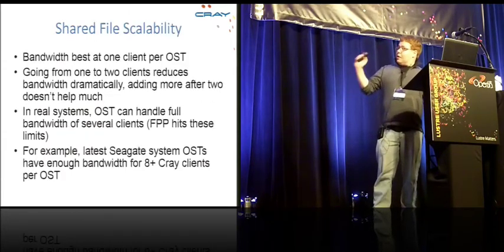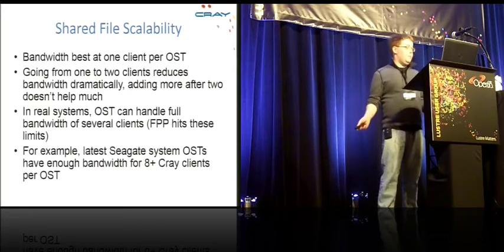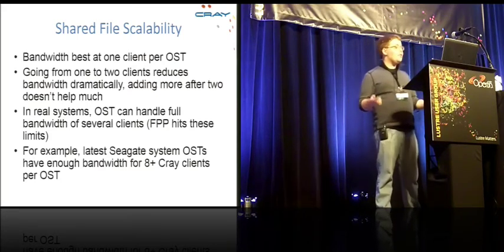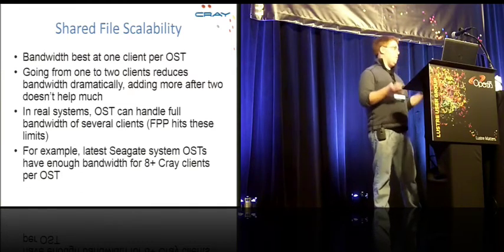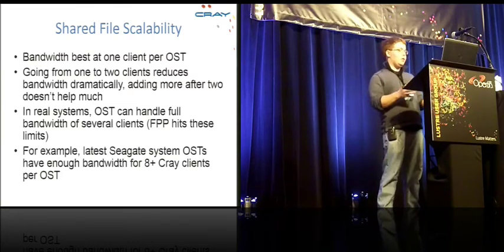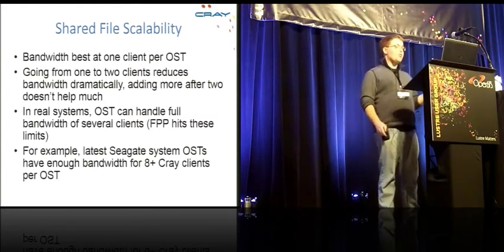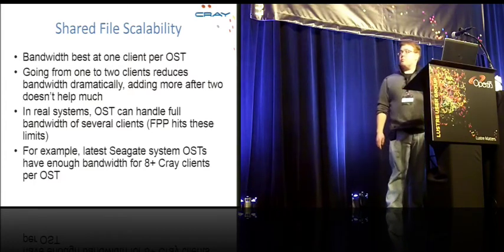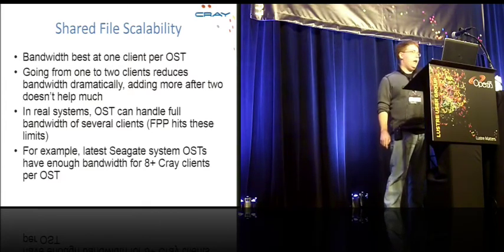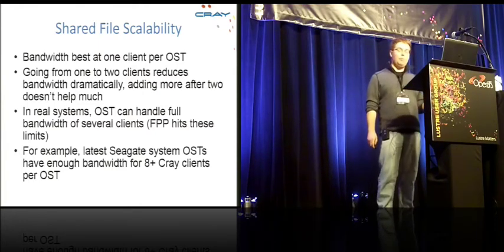The reason they do one client per OST is because that's when the bandwidth is best. Going from 1 to 2 clients per OST actually reduces the bandwidth dramatically when both clients are writing to the same file. And adding more clients after 2 doesn't really help. It's a huge problem because in real systems, an individual OST can handle the full bandwidth from several clients, and you can hit that limit with file per process.